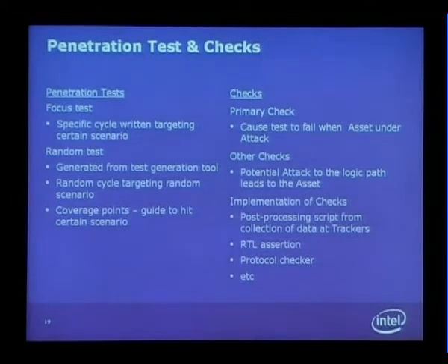This is to help us to test more efficiently. Of course, we do not want to implement too many redundant checks. So we will selectively implement the checks at the places where a potential attack can happen to the logic path that leads to the asset.